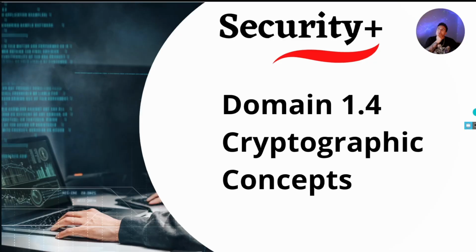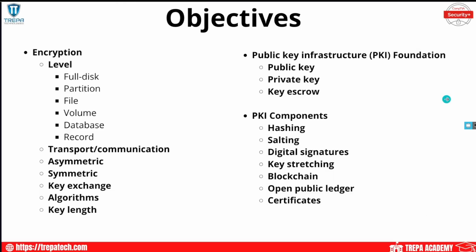Awesome. So again, you can see here that we're going to be going over domain 1.4 cryptographic concepts or protocols or solutions, however you want to call it. We're going over cryptography right now. As you can see, we have quite a few objectives here. The first thing we're going to touch on is encryption. That's what this video is going to be about, and I'll probably get to about right here.